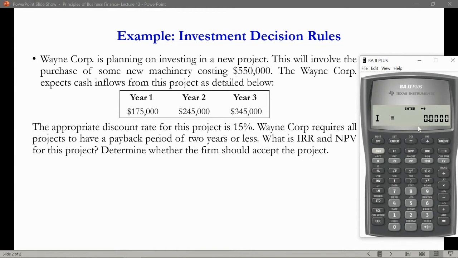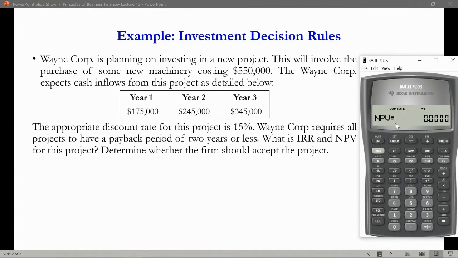Okay, so once I enter all these cash flows, now I would click on NPV. So first, you need to enter the appropriate discount rate or cost of capital here. So the cost of capital is given as 15%. And I need to press enter. So after that, I'm going to use this down arrow.